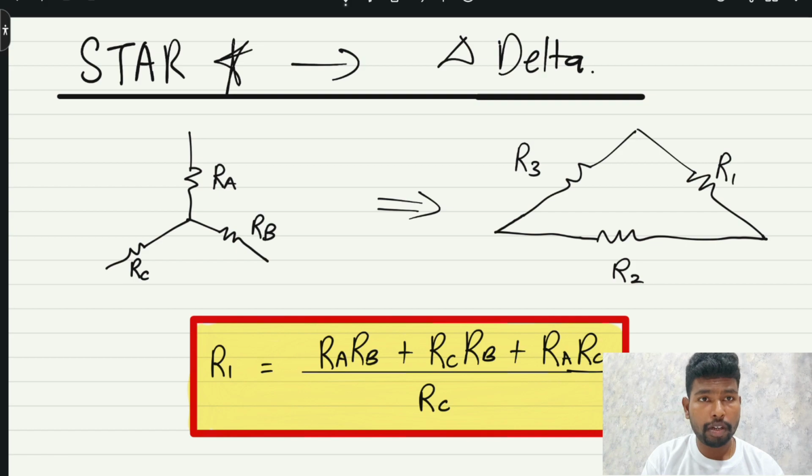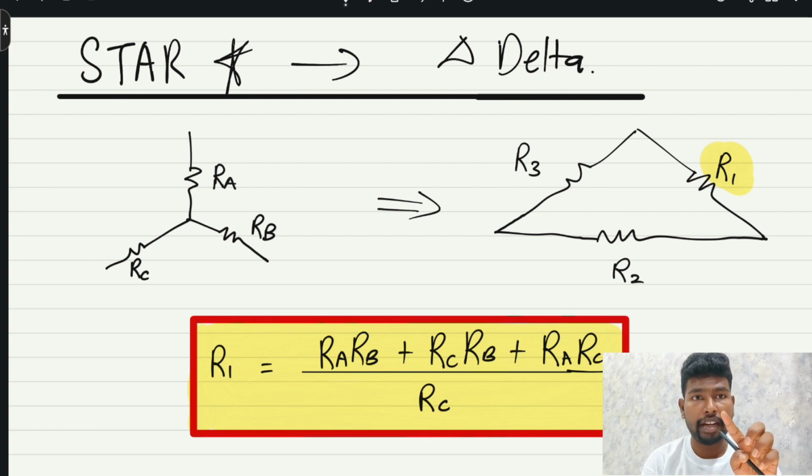This is the formula to obtain R1 in delta using the values of the star connection resistors. It is really super simple. Just follow my steps, and I can guarantee you will understand. R1 is equivalent to combinations of resistances in the star connection.